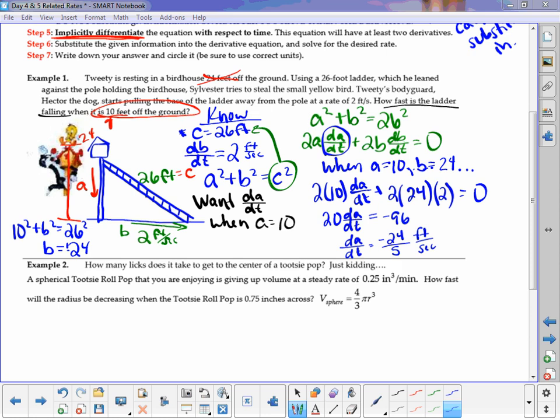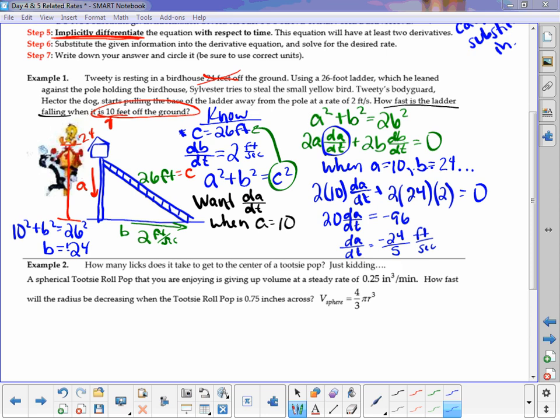Now, here comes the kind of trick. Make sure you answer the question. It says, how fast is the ladder falling when it is 10 feet off the ground? Falling already indicates that it will be a negative amount. So dA/dt is a negative rate, but the rate at which it is falling would be 24 feet per 5 seconds, or 24 over 5 feet per second.